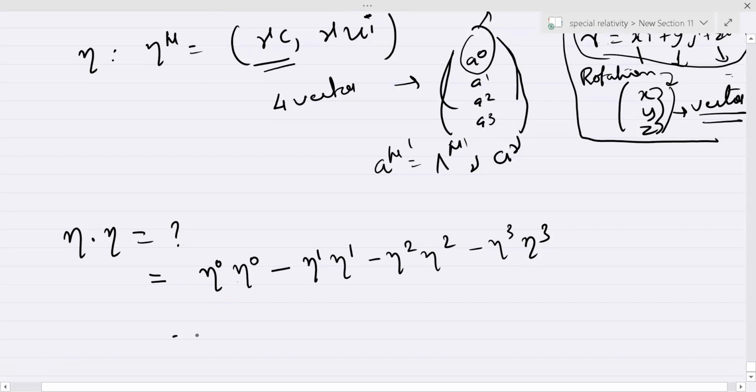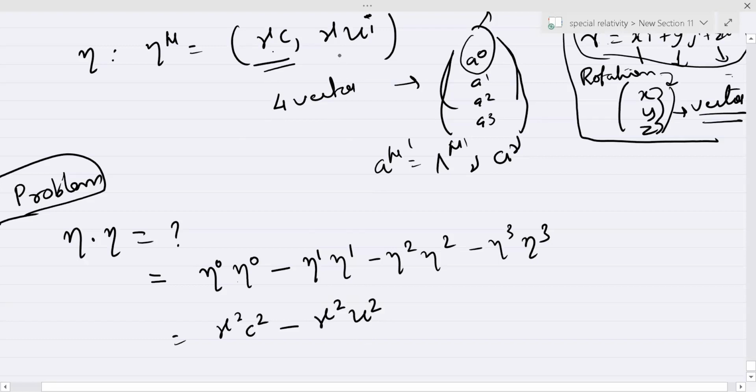We'll do a small problem here. This can be asked. It's a very important thing. Eta 0 is gamma c, multiplied by gamma c, so that is gamma square c square, minus eta vector dot eta vector. This is gamma square u square, correct?